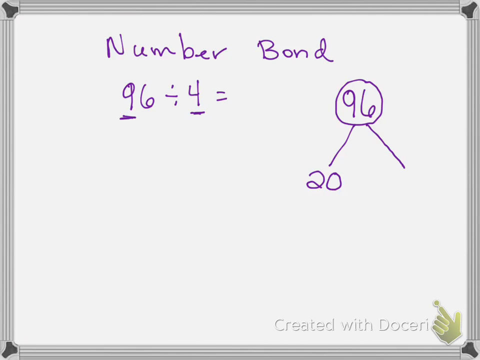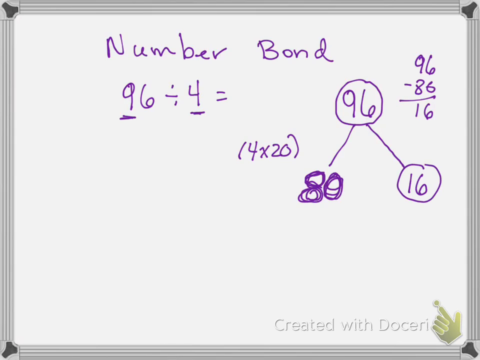I'm sorry, we're left with 80 because we did 4 times 20 to get 80. And we are left with 96 minus 80, we're left with 16. So 16 goes here.